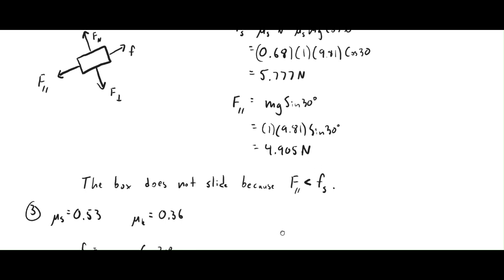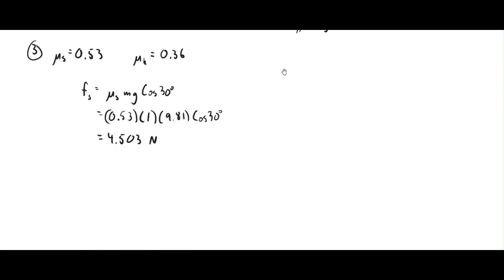It's still 4.905 newtons. The box is going to move, right? The box moves because F parallel is bigger than that static friction.